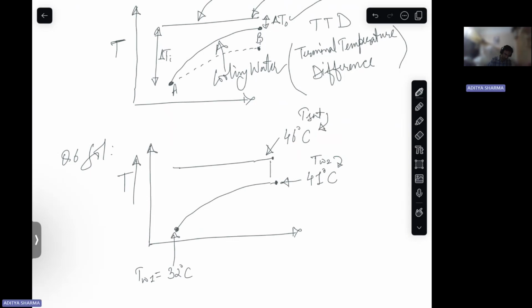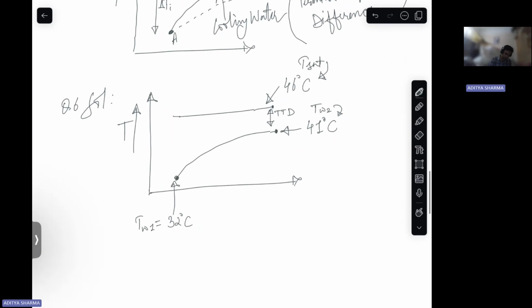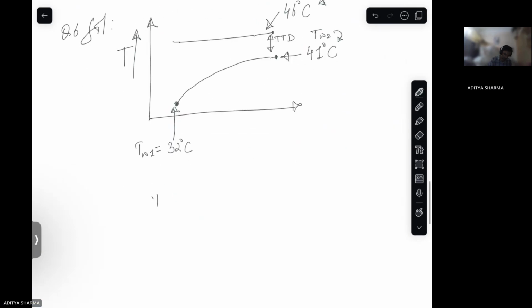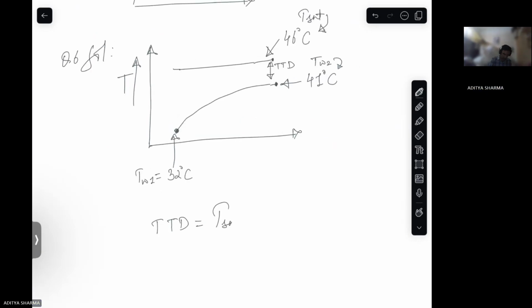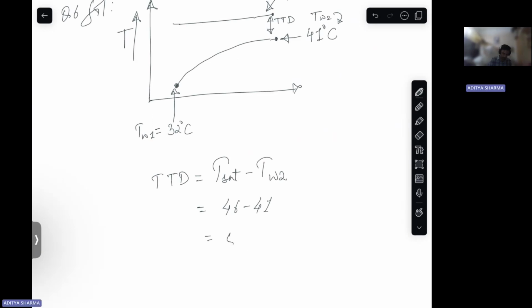So this is your terminal temperature difference. TTD is equal to T saturated minus TW2, so 46 minus 41 is equal to 5 degrees Celsius.